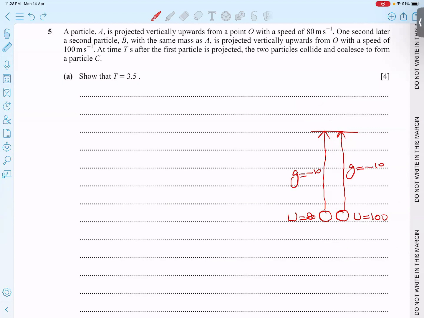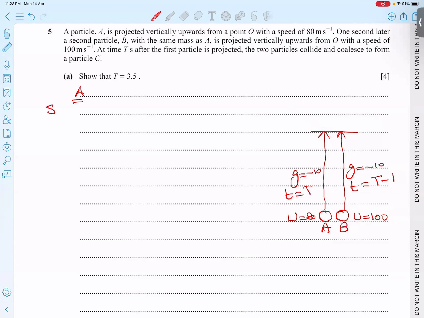So what is the method to solve? We will make a plan. This is particle A and this is particle B. Let's make a plan for particle A. What formula can we use? Let's say the time taken for this particle is t seconds, and the other takes 1 second less, because he said 1 second after. That is why I kept t -1. Apply the formula, the data is enough.